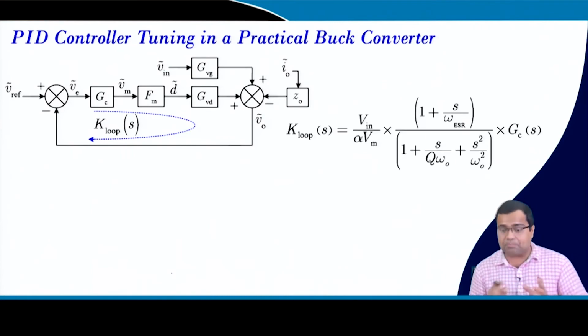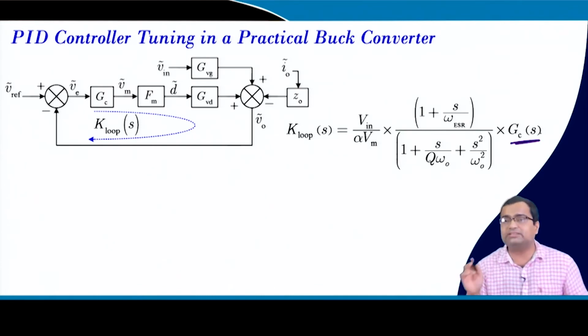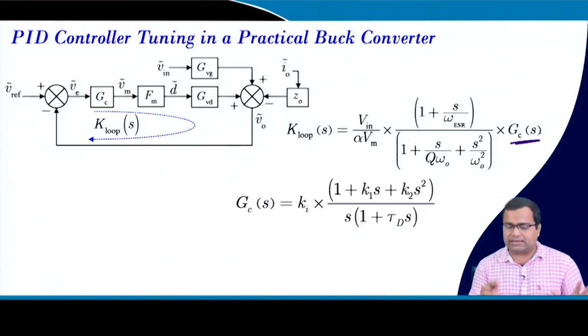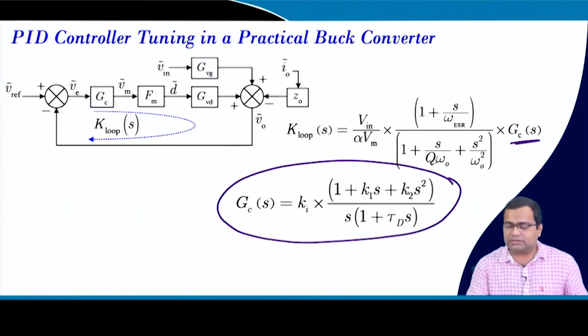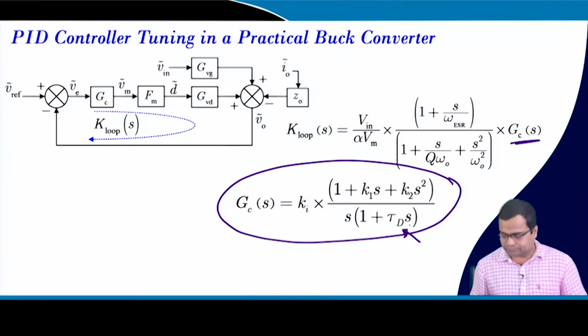Now, we want to compensate. So, the loop transfer function of a practical buck converter, where we are trying to design this KC, and we are taking a PID controller. This is a practical PID controller, right, which has a derivative pole, I think derivative filter.